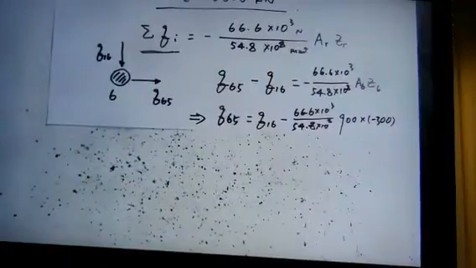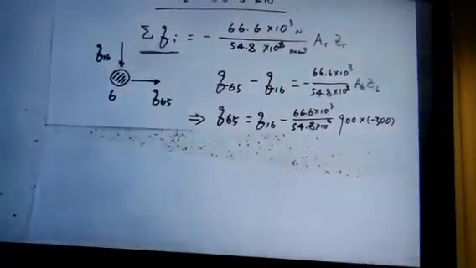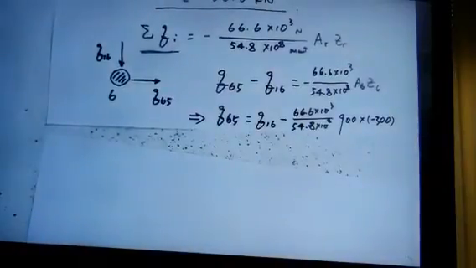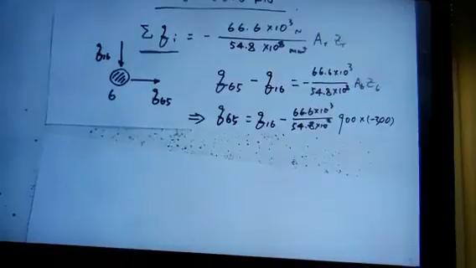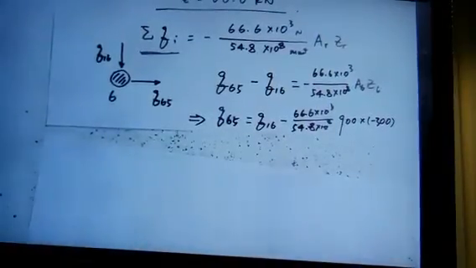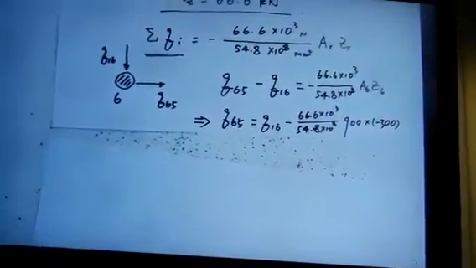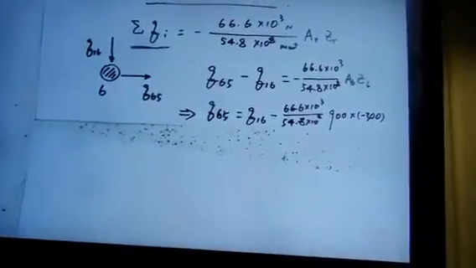So this is how we use this formula. On the left, you use the summation of the shear flow. Some of the shear flow is positive, some of the shear flow will be negative, okay? And on the right, you use the area and coordinate. This is how we use this equation.